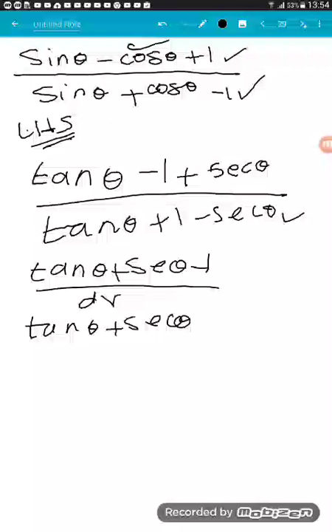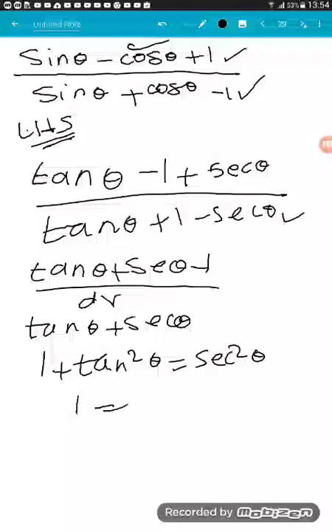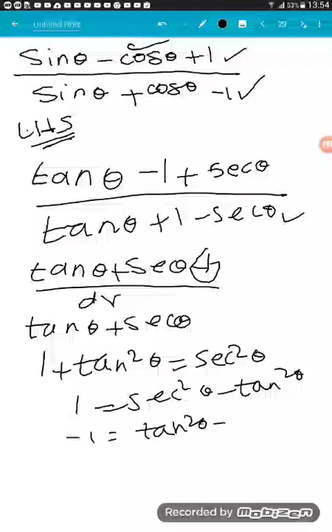Now we saw that 1 plus tan square theta equal to sec square theta. Identity: 1 plus tan square theta equal to sec square theta. So 1 equal to sec square theta minus tan square theta. In the same way, instead of minus 1 we will put this. If it is minus 1, it will become tan square theta minus sec square theta.